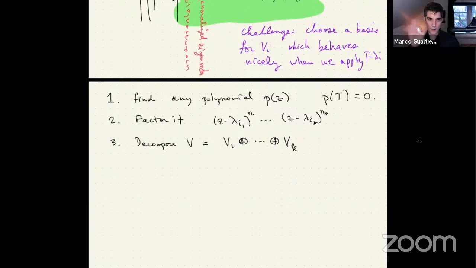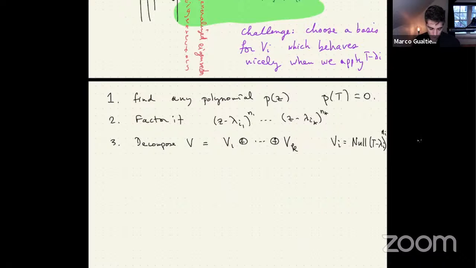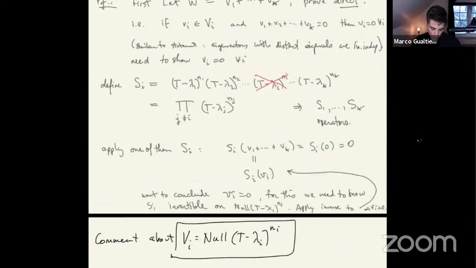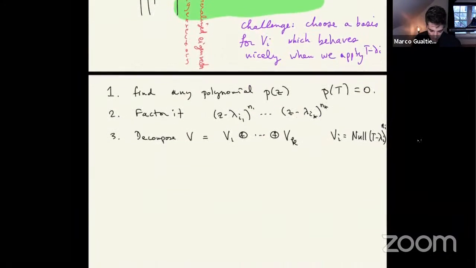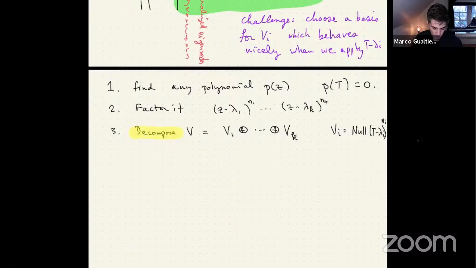It's a direct sum where Vi is the null space of (T minus lambda_i) to the n_i. Okay, so we decompose this. So this I still need to prove.